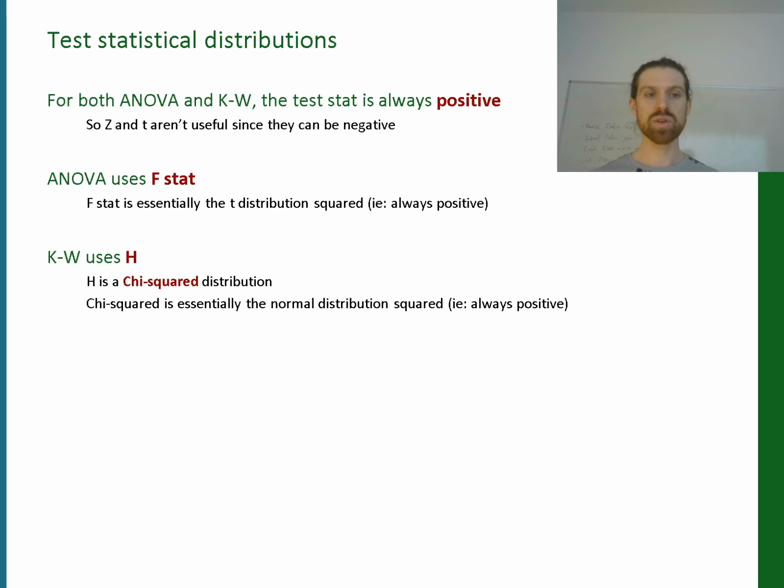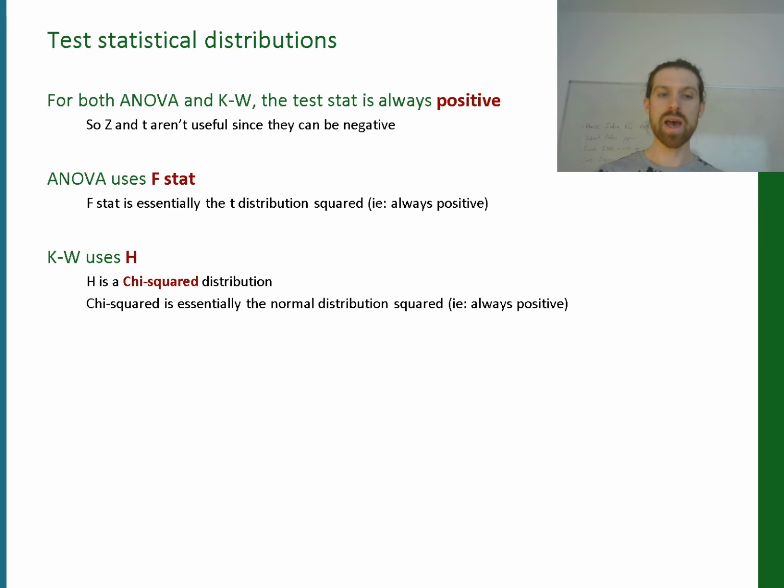As a consequence, for ANOVA, the analysis of variance test, we're going to be using the F statistic, and the F stat is basically the T distribution squared. So we're going to be using something slightly different this time round. And then the Kruskal-Wallis test uses the H statistic, which follows a chi-squared distribution. We've mentioned chi-squared before in the labs, and we'll be covering it again when we go into categorical data analysis in one of the lectures next week.